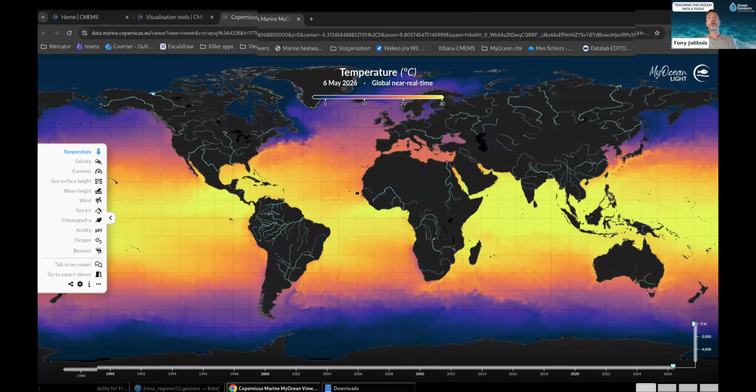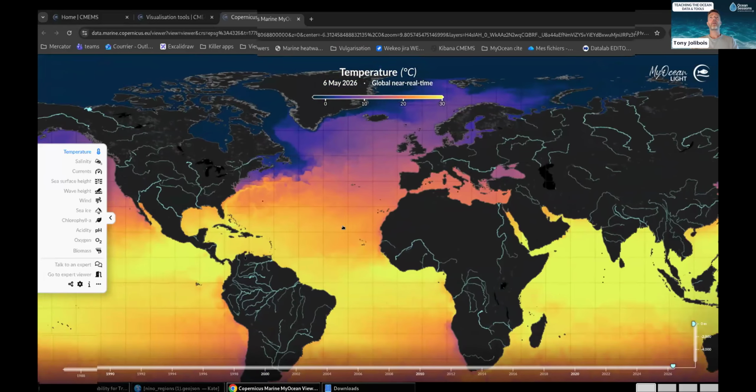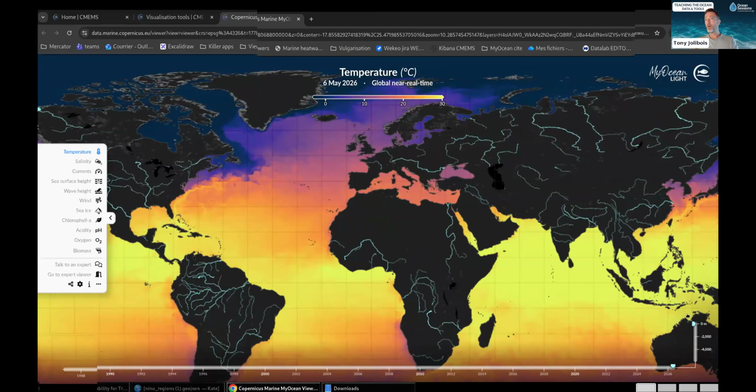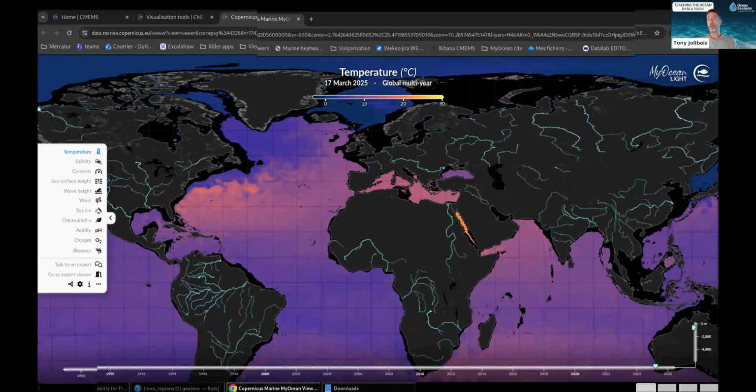So you are here looking at the seawater temperature for the 6th of May. It means tomorrow. And you can navigate in time using this timeline. And you can also navigate in depth using this control here.